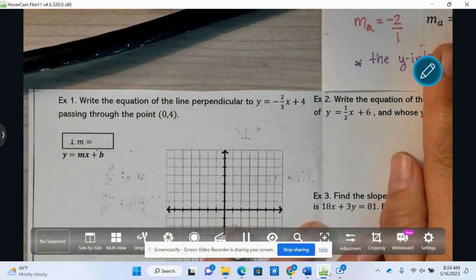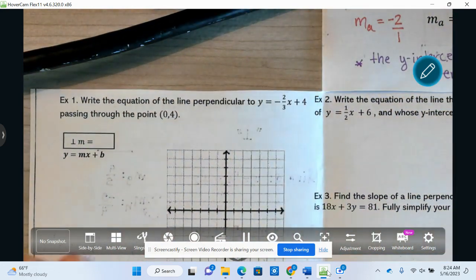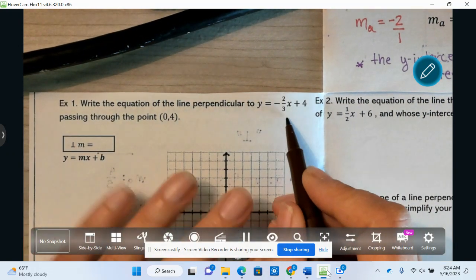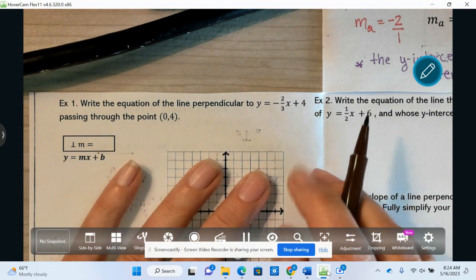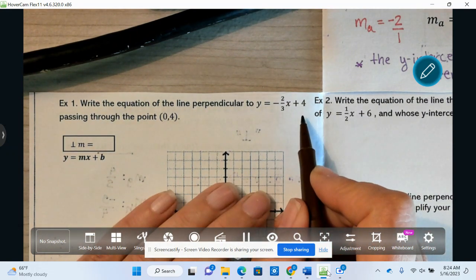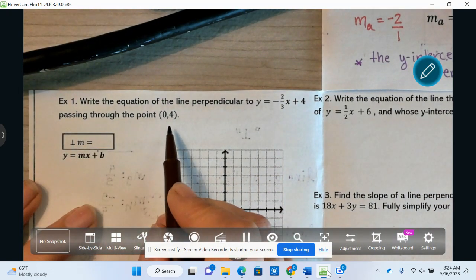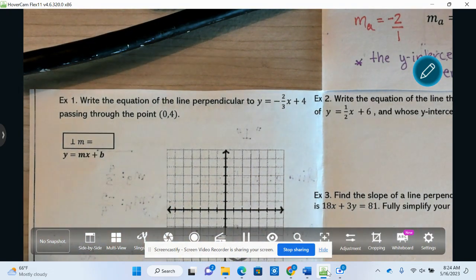So this one says, example number 1, write the equation of a line that's perpendicular to -2/3 x plus 4 and passes through the point 0, 4. So we're going to do this the exact same way that we did the first ones, except that we just need to identify the perpendicular slope.